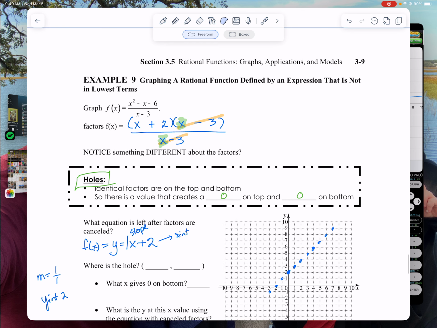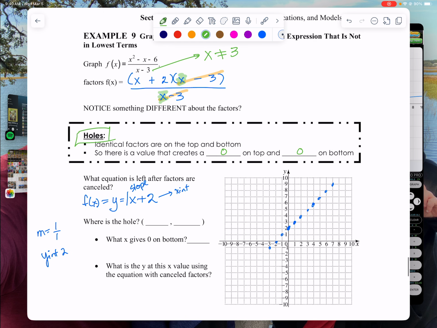Notice that this one, I meant to do that in green, this one, x cannot be 3, right? So I would normally draw an asymptote right here. Now, but we're not going to really draw an asymptote. But what I notice is that it goes through one of those points that I drew. So that means that at that asymptote, I can't have a point there.